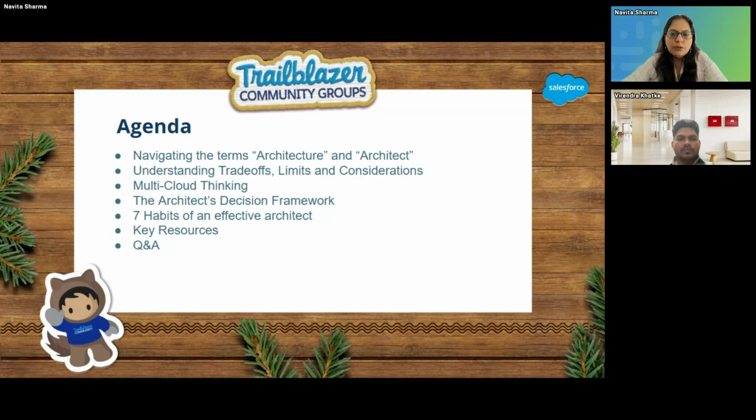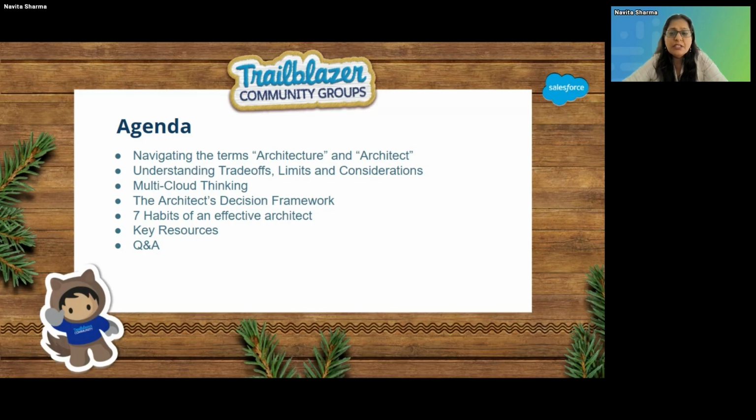Then we also deep dive into multi-cloud thinking. When we work in any enterprise system, it is not just about Salesforce. Salesforce itself has expanded into so many clouds, everything from data analytics to integration to the various CRM clouds, which were its core strength. We also have some hyperscalers.